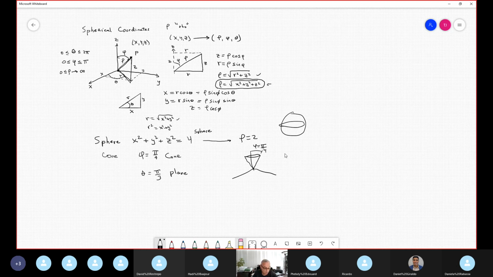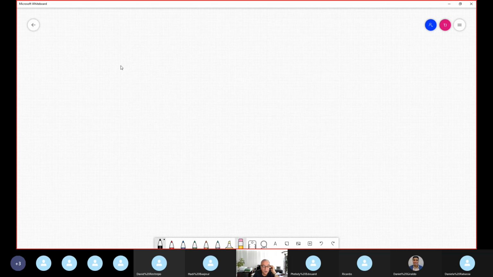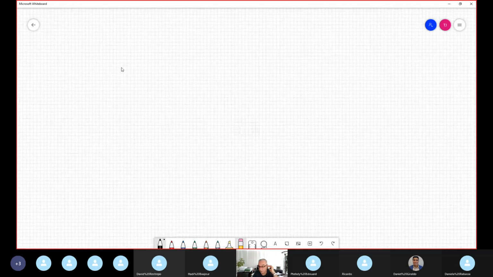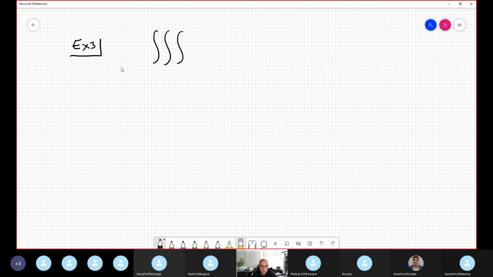Okay. Let's go to one example that includes everything. Now it's important the selection of the coordinates we are using in one specific problem. Okay, in this example 3, we have a mass, so I compute the triple integral.